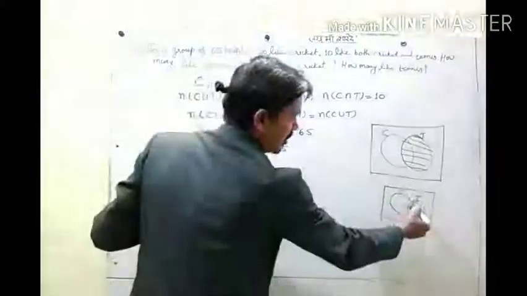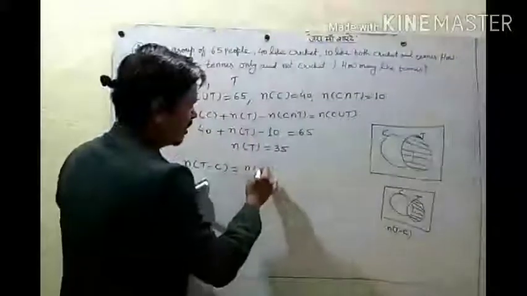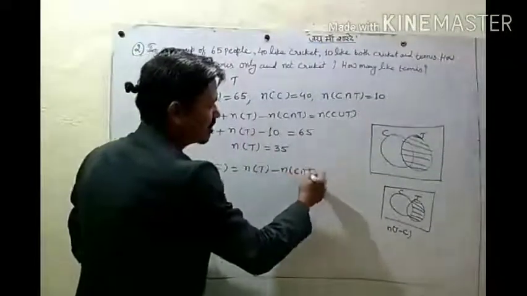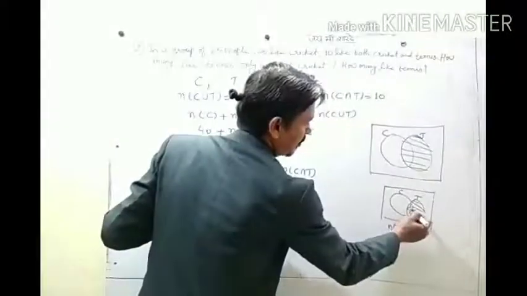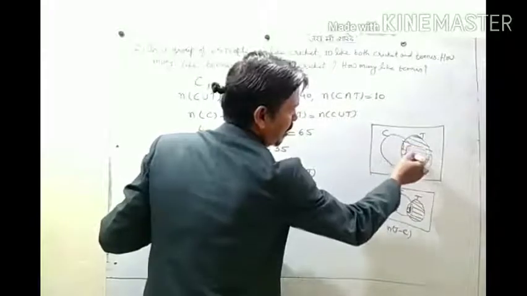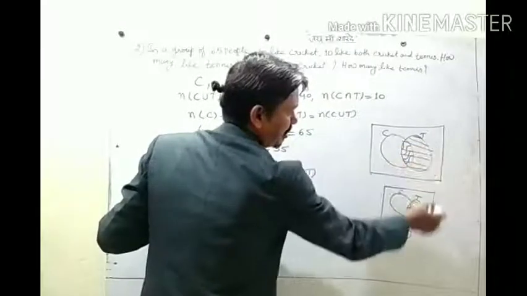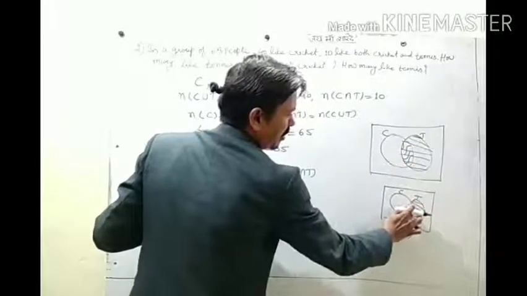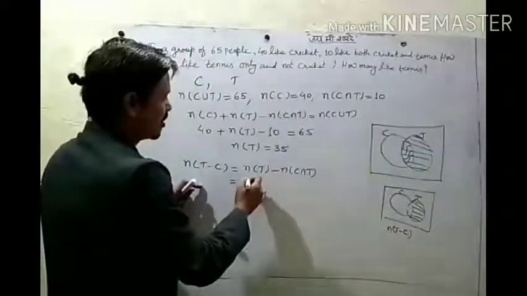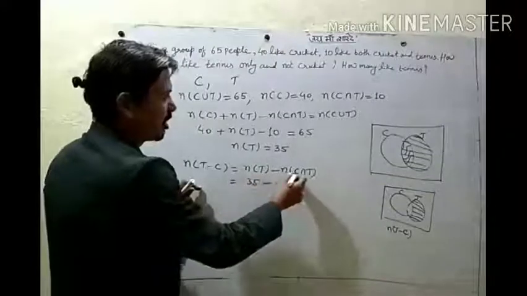Total elements in T, number of elements in T, minus elements in C intersection T. If we subtract these elements, then we get this part. And if we eliminate this part, we'll get this part. Okay? So elements of T minus C will be n of T minus n of C intersection T. So it is 35 we got, and here 10.